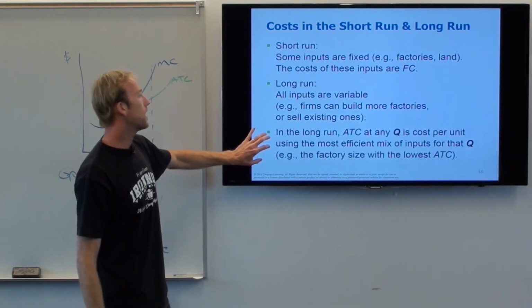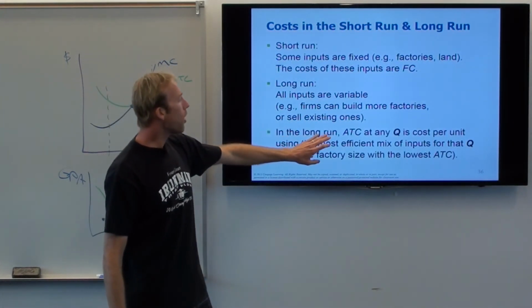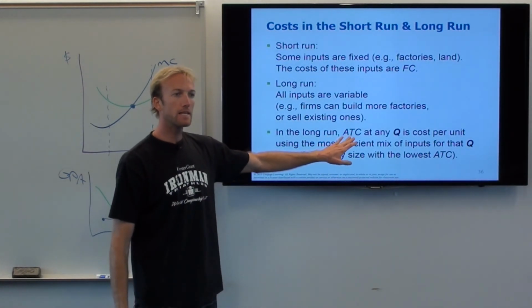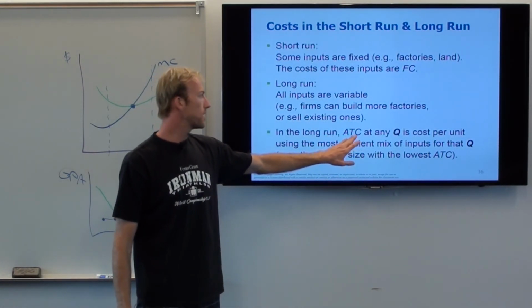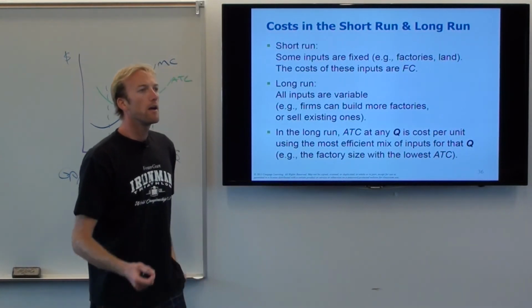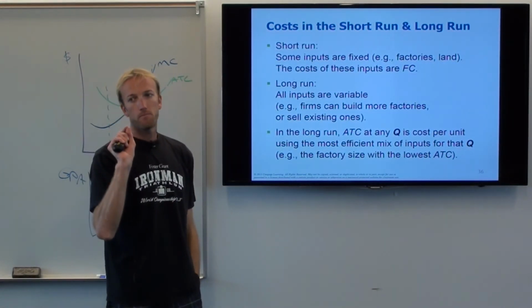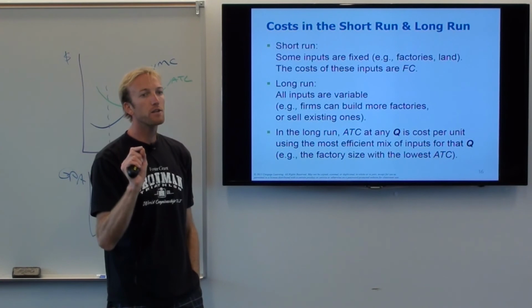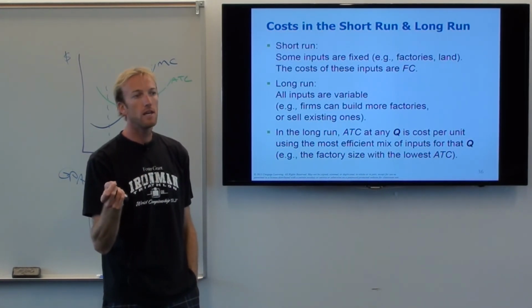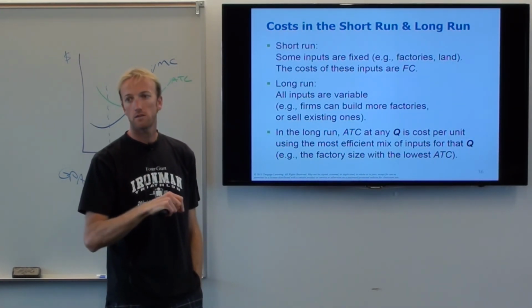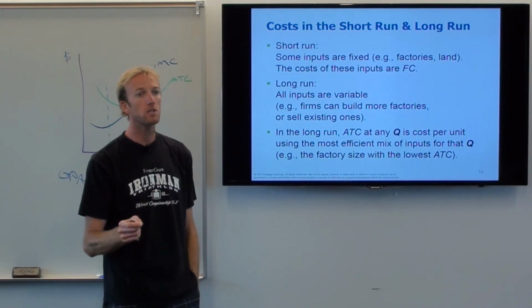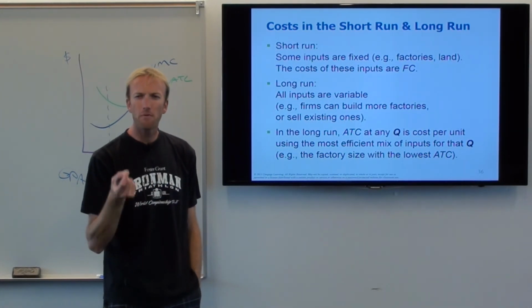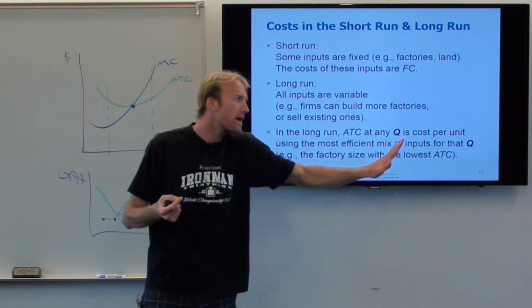Okay? And so in the long run, this is important, the ATC in the long run is a little bit different because I don't just have to change the number of workers I have. I can also change the number of factories I have. And remember why ATC goes up on the right-hand side?